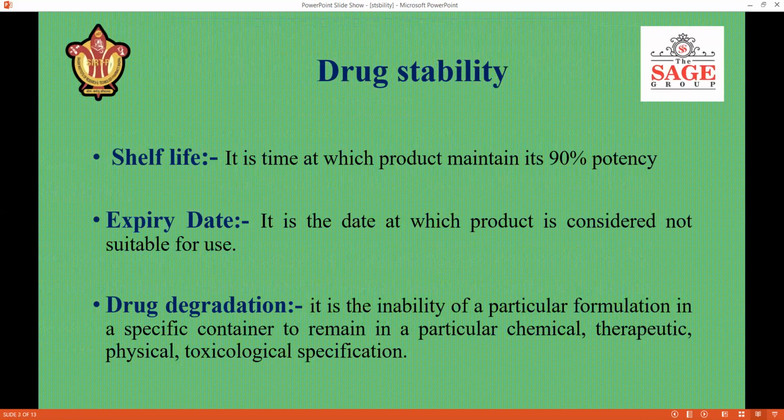Next is shelf life and expiry date of drug product. Shelf life is the time for which a product maintains 90% potency, meaning the length of time the product remains suitable for consumption.